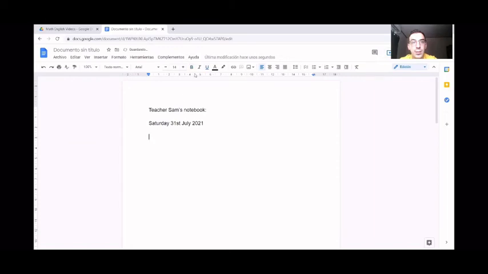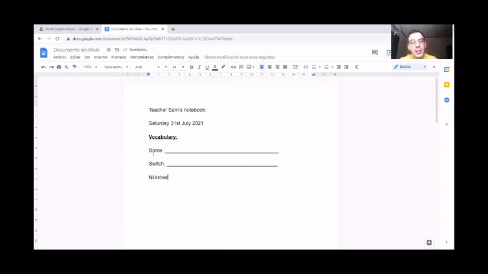Perfect, then we have to write vocabulary. We have learned 3 words today. The first word is same, S-A-M-E. The second is switch, S-W-I-T-C-H.